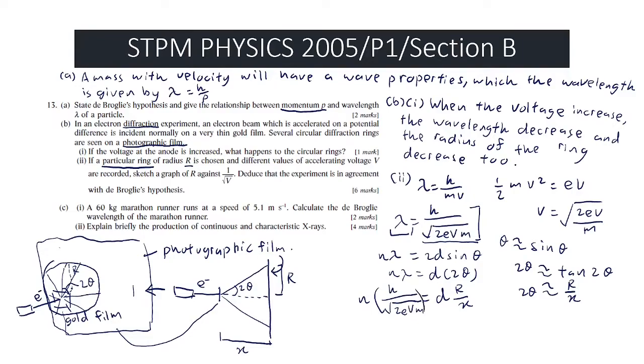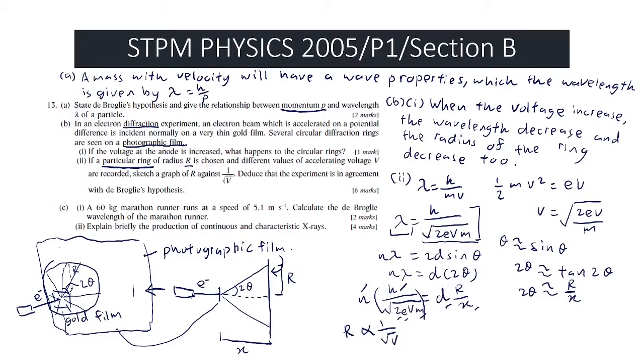So you can see this is quite clear. This R will be proportional to 1 over square root V. Since this is a particular ring, this n is constant and h is the Planck constant, and the rest, 2e and mass of electron, and of course this d and x, the rest is constant.